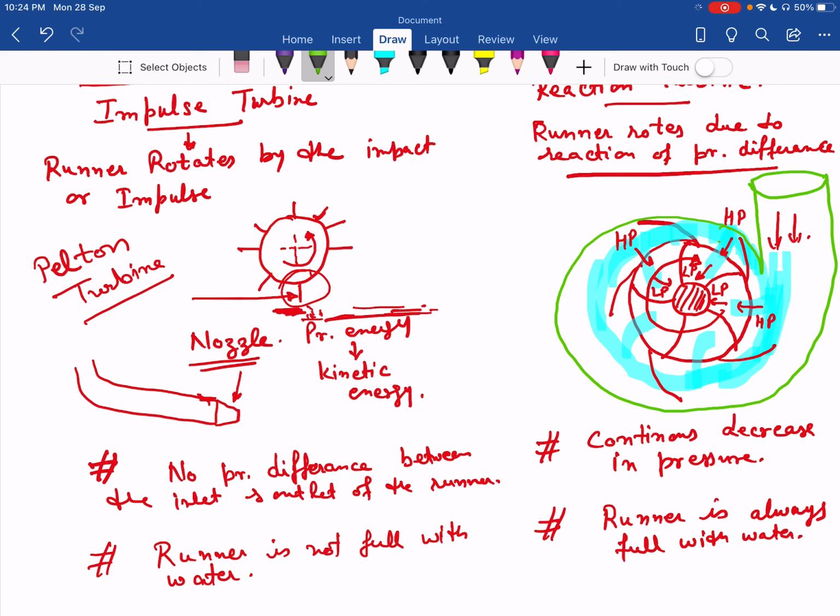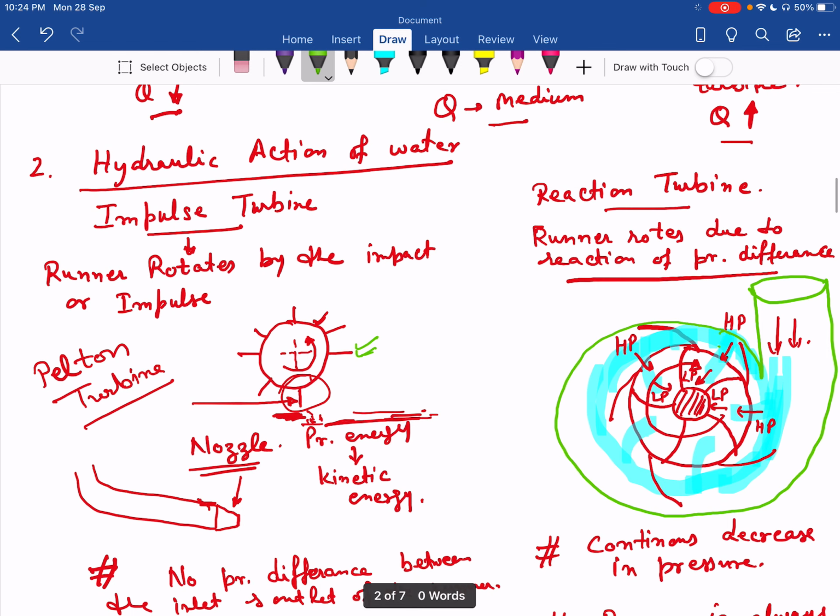In case of an impulse turbine, the casing does not do any hydraulic function because there is no pressure difference from inlet to outlet side. However, the casing has importance in case of reaction turbines. So these are the two turbines on the basis of hydraulic action of water.